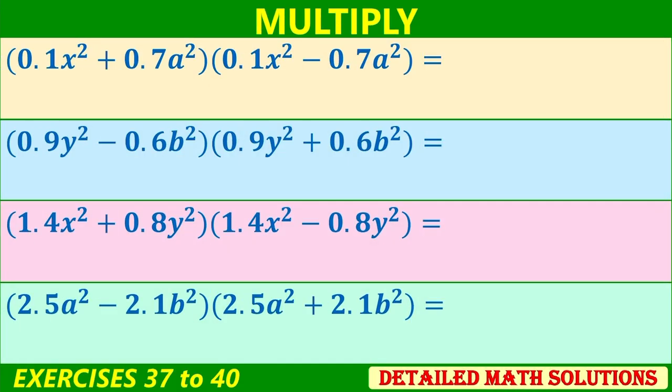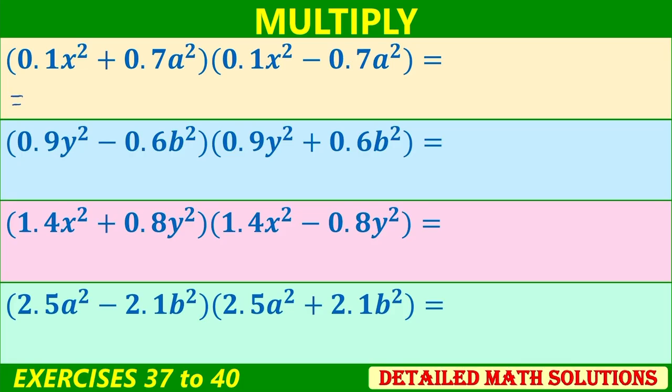Multiply (0.1x squared plus 0.7a squared) and (0.1x squared minus 0.7a squared). Similar to the prior exercises, I'm going to apply the formula, and the term 0.1x squared corresponds to the a in the formula and 0.7a squared corresponds to the b in the formula.